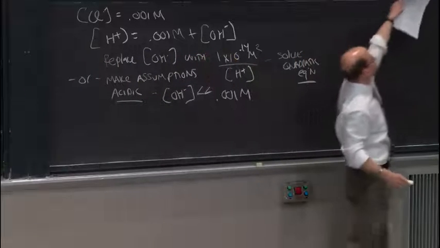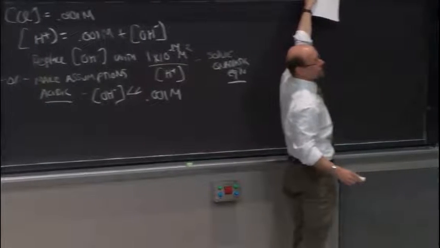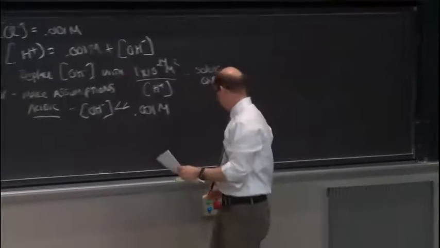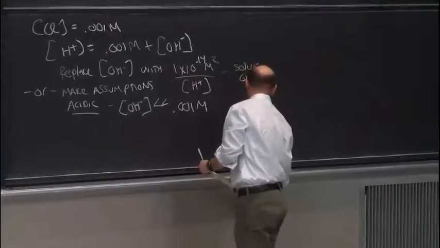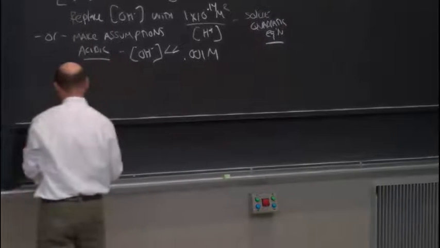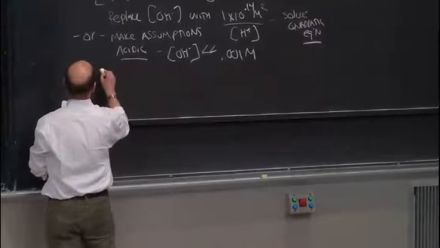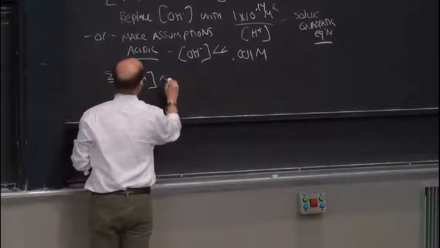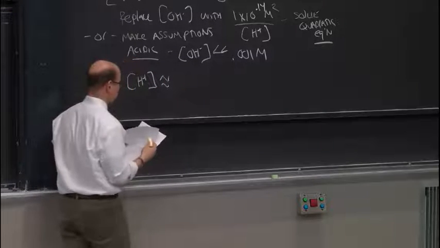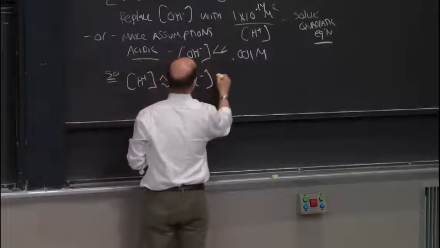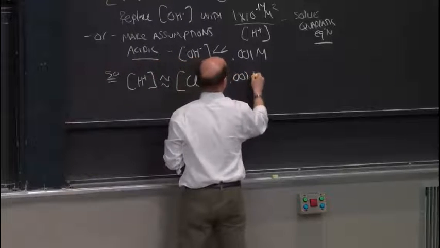So the concentration of hydroxide anions is a lot less than the concentration of chloride anions. So I can just neglect this, right? So the proton concentration, therefore, is going to be approximately equal in this case to the concentration of chloride anions, which is equal to 0.001 molar, right?